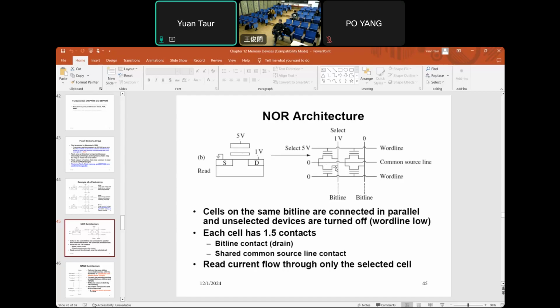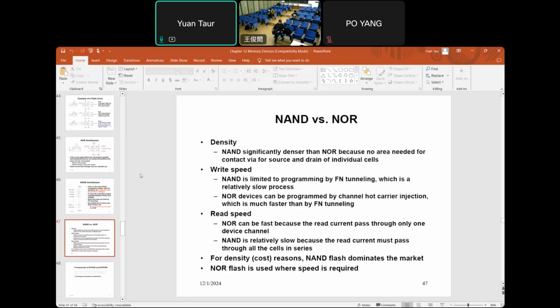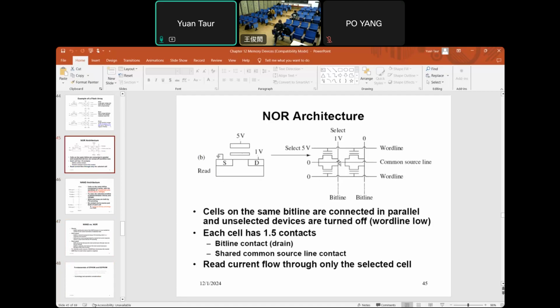You can see that for each cell you need a contact to the bit line. So that's one contact. Also, you have a shared source contact with the other cell. So 1.5 contacts per cell, and that means that the cell density is not very high.